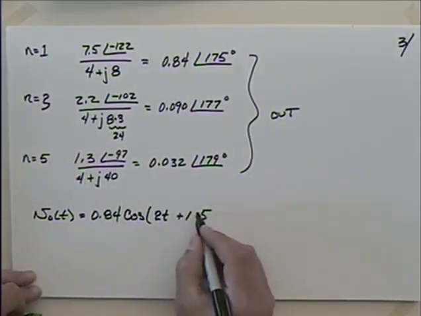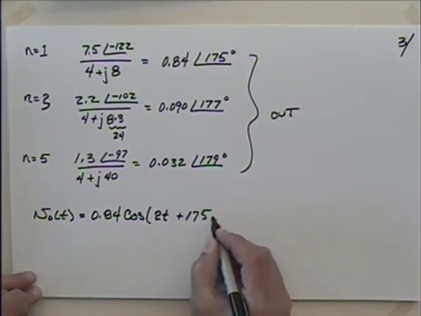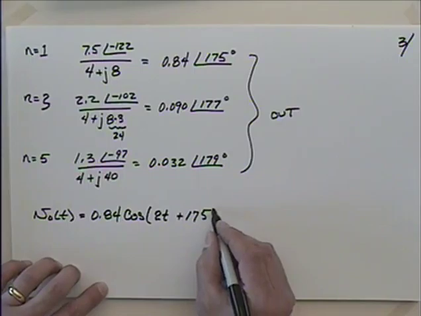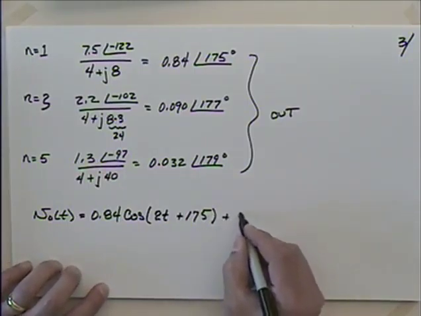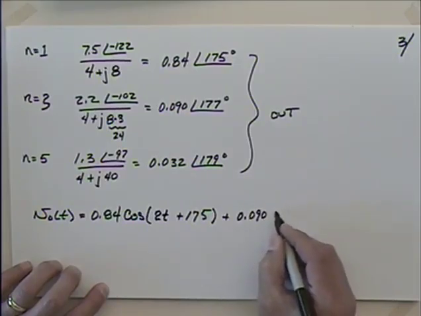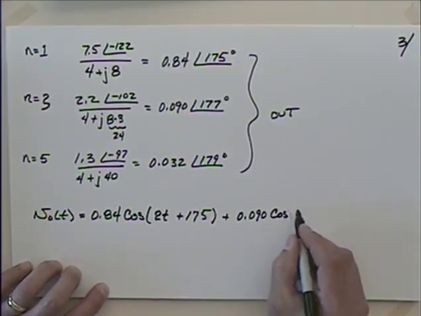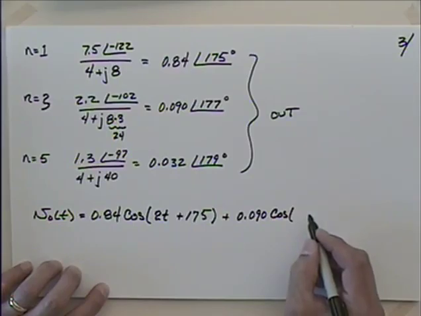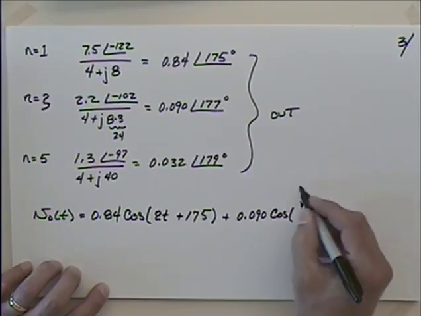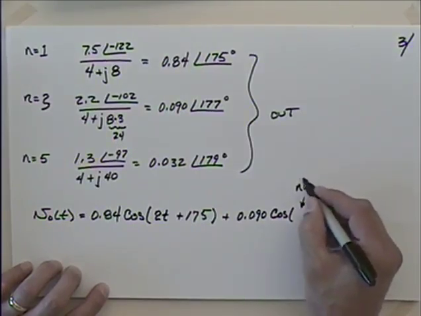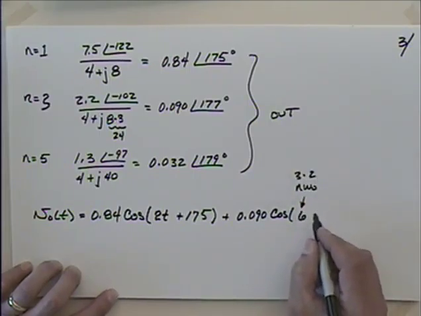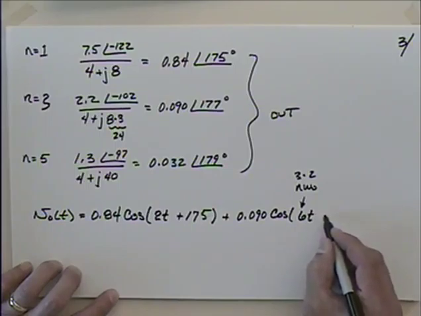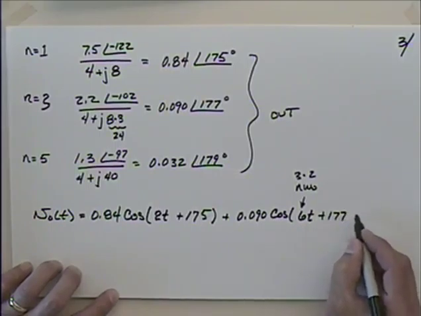So positive 175. And then the next term is going to be positive 0.090 times the cosine of, what do we have? n omega naught. So we have 3 times 2, so 6t plus 177.